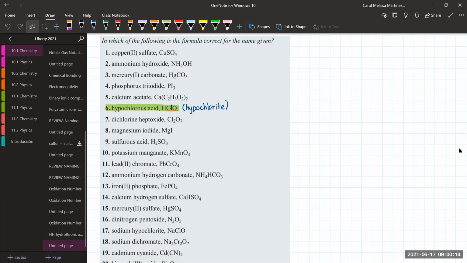It ends in ITE, so it needs to be changed to O's acid. Now let's see if the name provided matches the one that we obtained. Hypochlorous acid equals hypochlorous acid. So we say, yes, it was correct. You can write that it's correct or just the check.